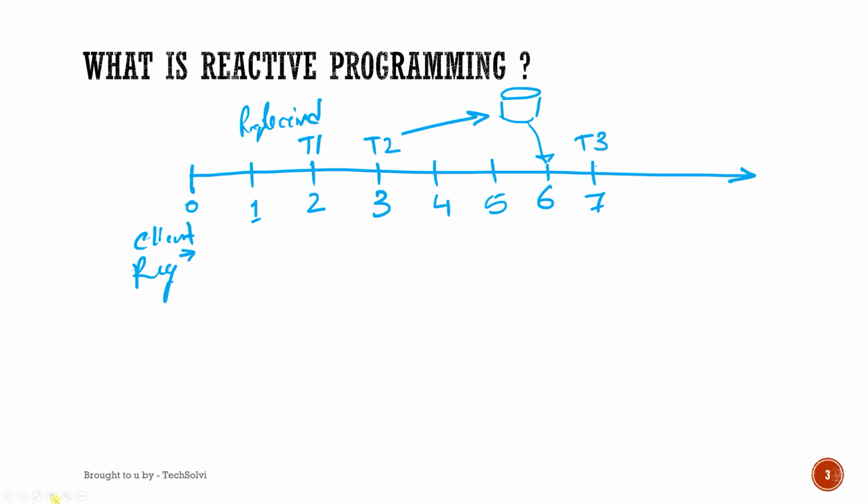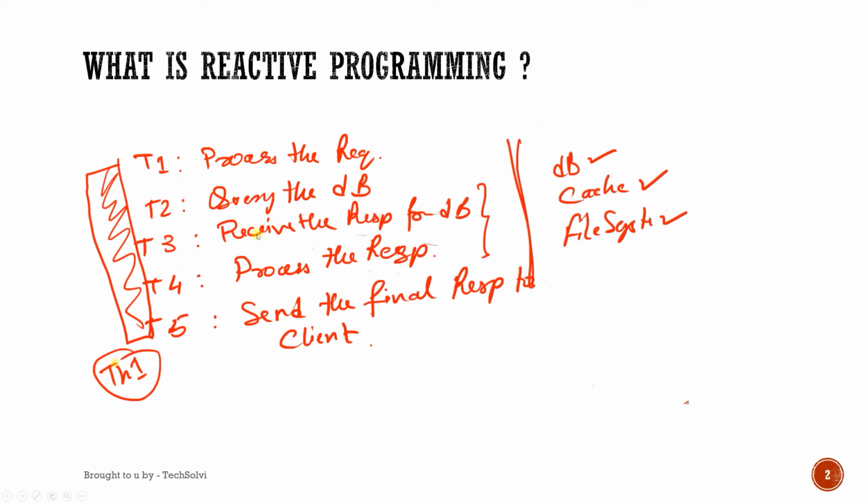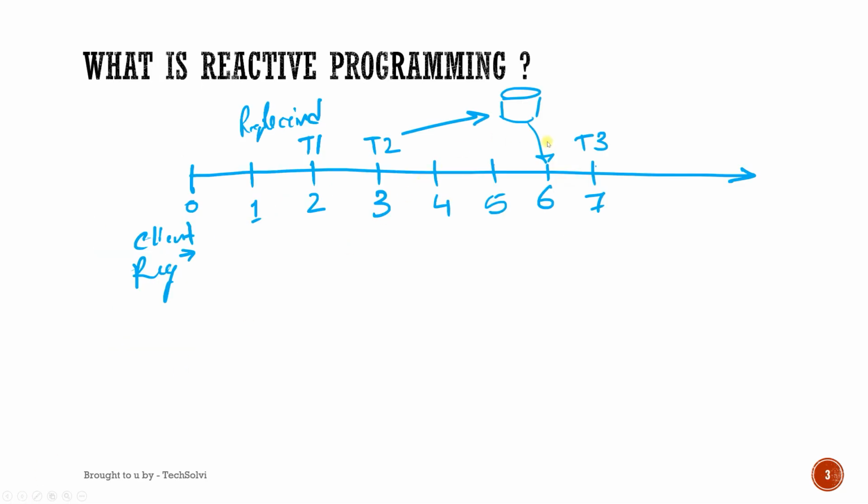So what is this task 3? Task 3 is receiving the response from the DB. We can make it time t3 only, because at t3 we received the task. Fine. Now at time equals 7, we will proceed with the next task, task 4. Task 4 is processing the response that we got from the DB.